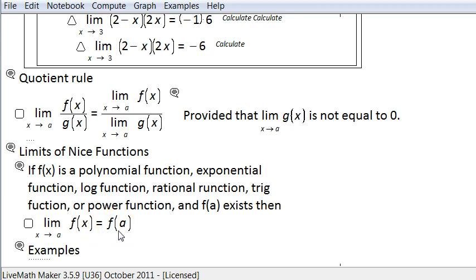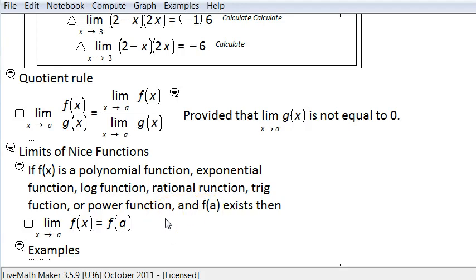You can just plug it in. Essentially, if you look at the graphs of the functions that we've done, at any spot where the function is defined, probably nearby points have nearby function values. There's not usually breaks in the graph. If there is an asymptote, that's a spot where the function is not defined, so I'm not talking about that point.